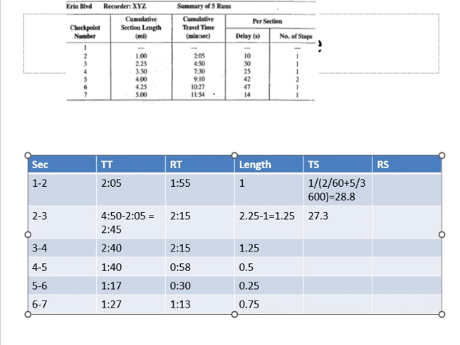The length is already given here, cumulative. I'm calculating for each section, so I'll just subtract the previous one. This is the length, for example, this one, 2.25. This is cumulative, meaning it is from point 1 to 3.